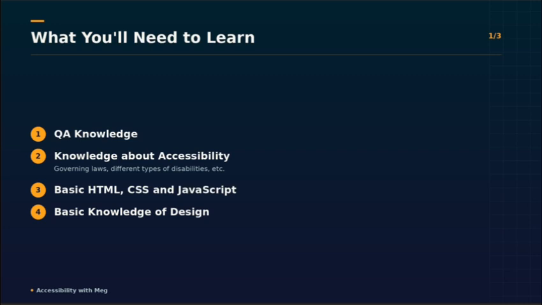Also, some basic design knowledge. It gives you a better understanding of the visual choices like color, spacing, layout, and how that affects accessibility. Also, knowledge of design helps you to interact better with the design team.